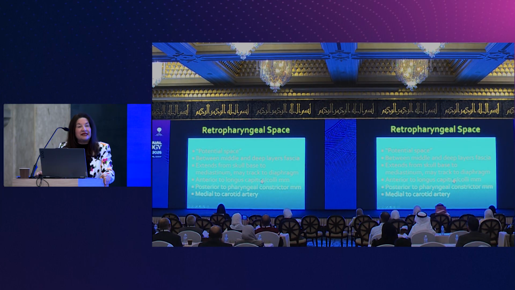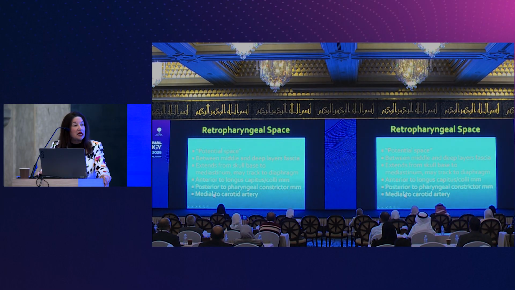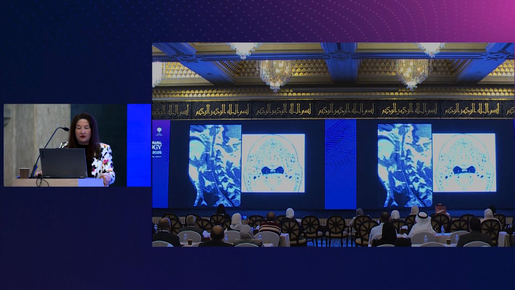The retropharynx sits anterior to your prevertebral musculature, and it sits posterior to the constrictor muscles of the pharynx. And very, very importantly, the pathology that arises there is usually medial to the carotid artery. So here's a sagittal image. You have your vertebral column, you have your prevertebral musculature, and in front of the prevertebral musculature and behind these constrictor muscles, you see a little fat pad coming down.